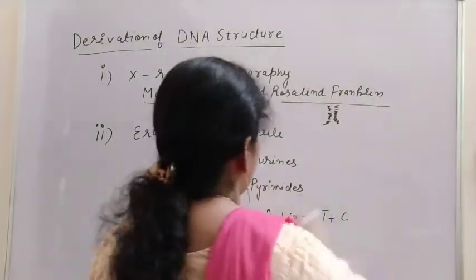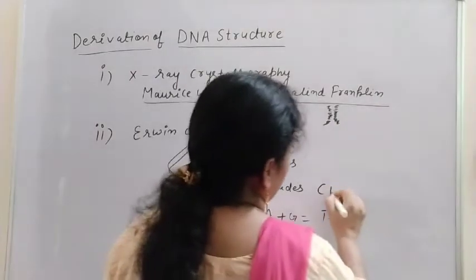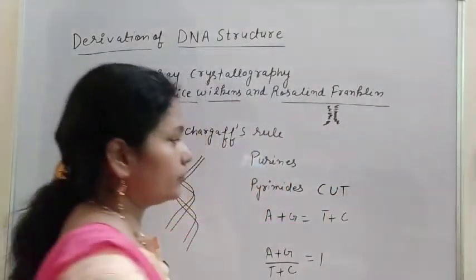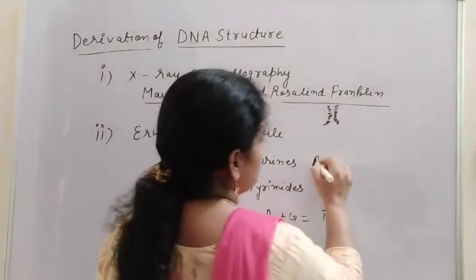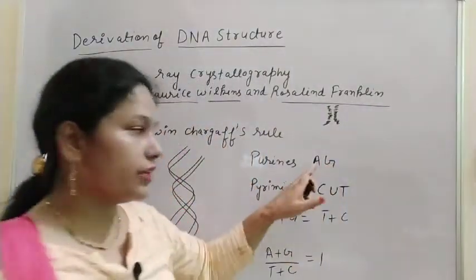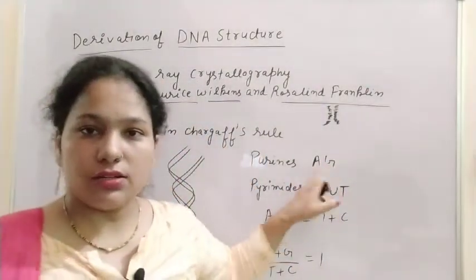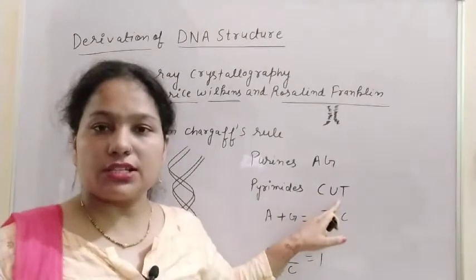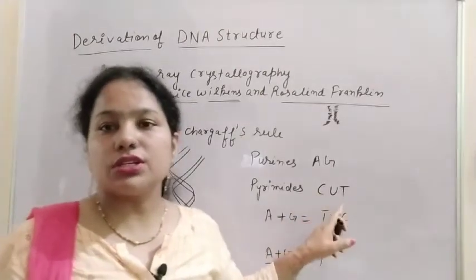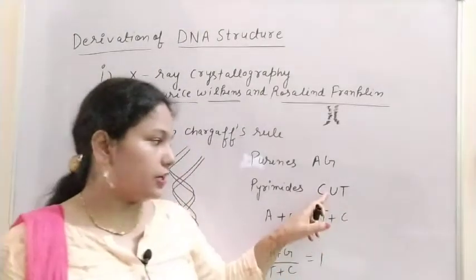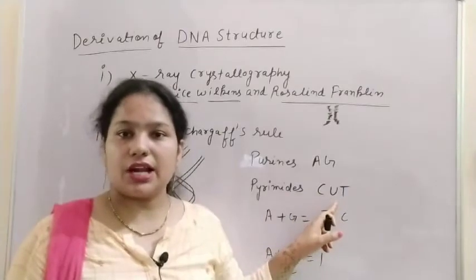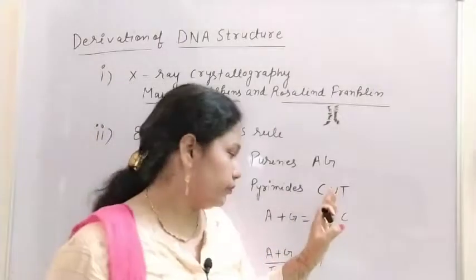You can learn pyrimidine with the help of CUT, and purine with AG. So what is AG? Adenine and guanine; cytosine, uracil and thymine. Because in case of RNA, that uracil is there at the place of thymine.